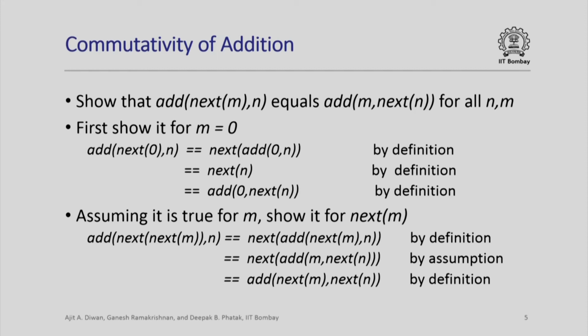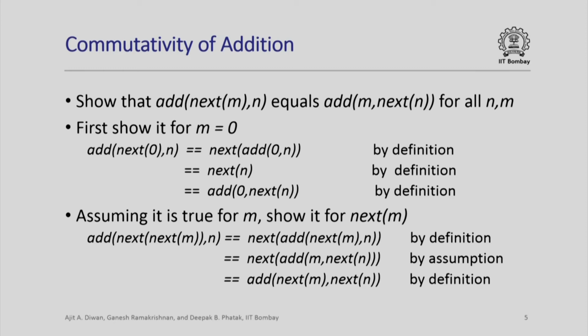So we have shown that add of next 0 comma n is add of 0 comma next n, and now assuming it is true for m, we will show it for next of m, that is add of next of m comma n, which by definition is next of add of next m comma n. By assumption that the property holds for m, this is equal to next of add of m comma next of n.